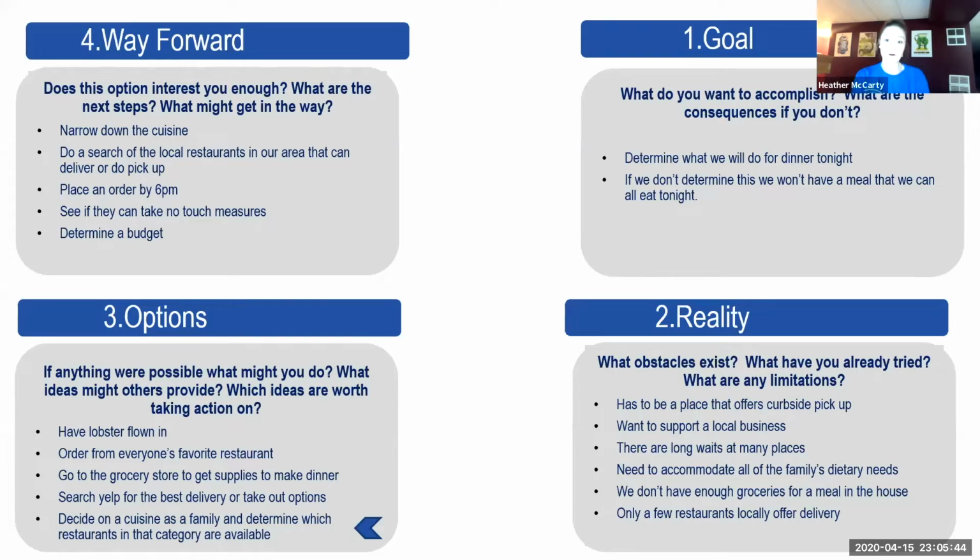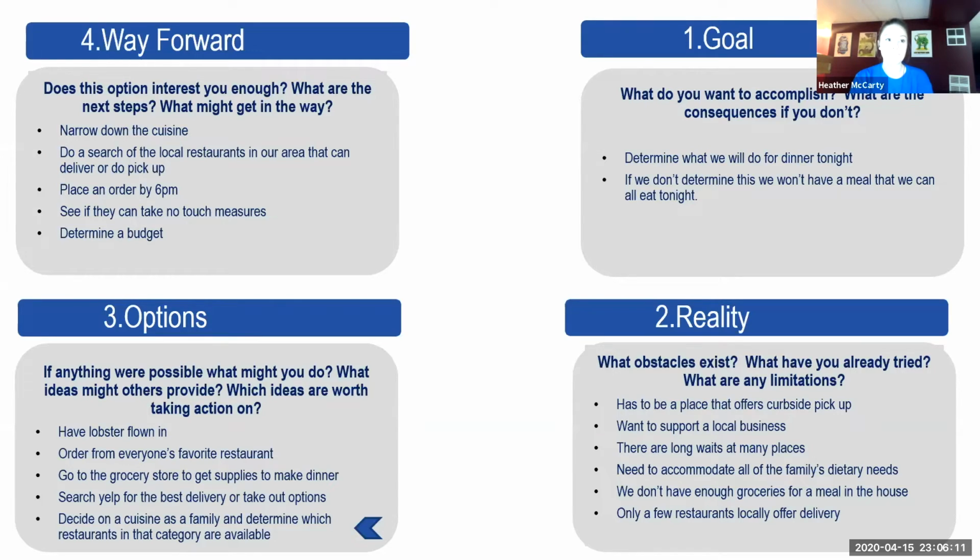Now, after I've gone through this process of identifying a goal, exploring the current situation, generating several different options, choosing one that I'm interested in moving forward on, and then figuring out the steps I would need to take with that particular option, the next thing I need to do is go back and check: if I take those steps, will that actually lead to the goal that I set?